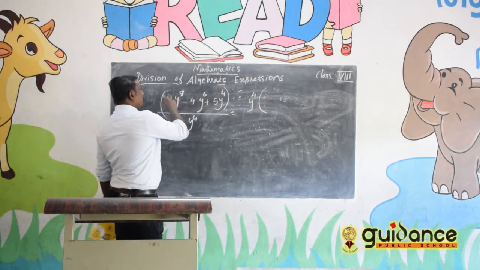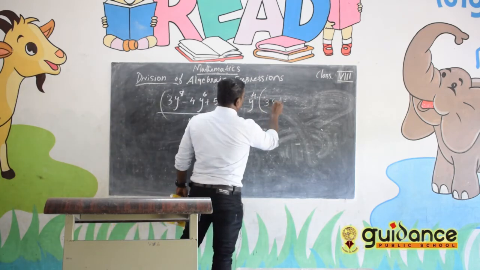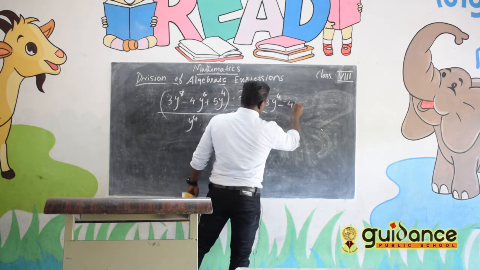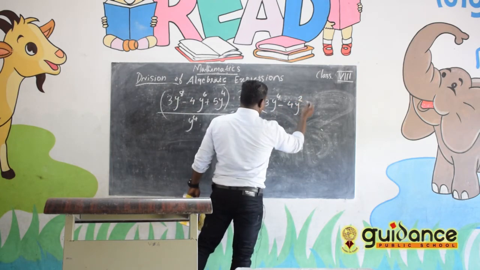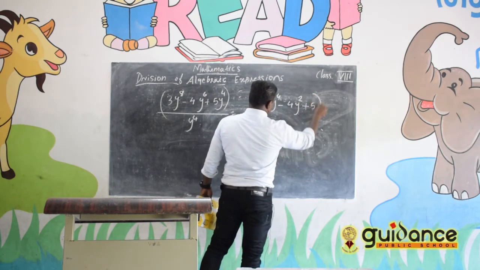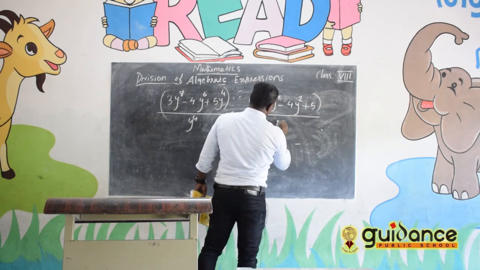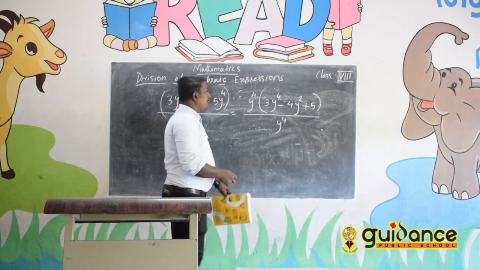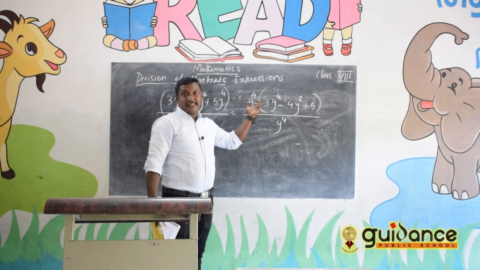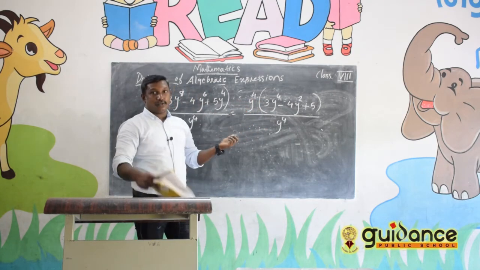Then after taking y raised to 4, the remaining is 3y raised to 4 minus 4y raised to 2, and the last one is plus 5 by y raised to 4. Look here, a raised to m into a raised to n is a raised to m plus n.